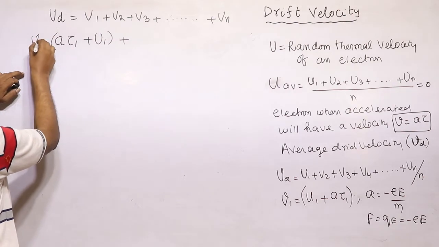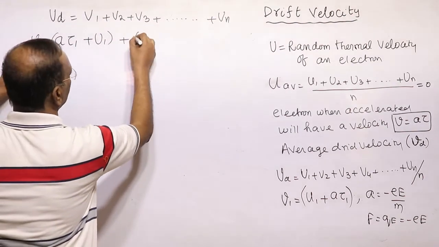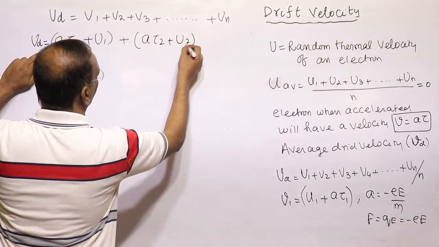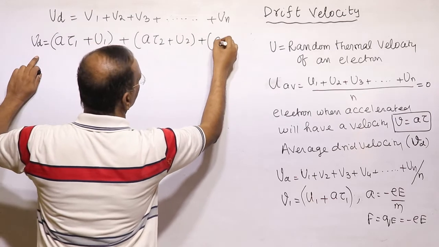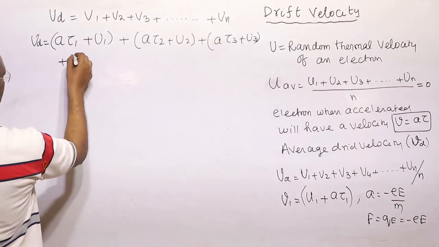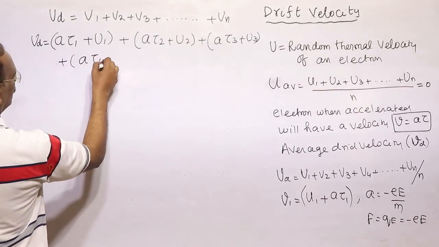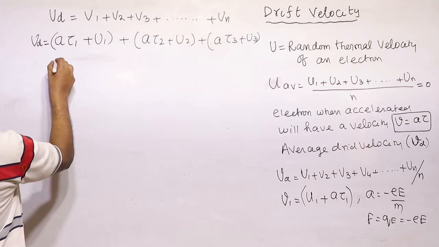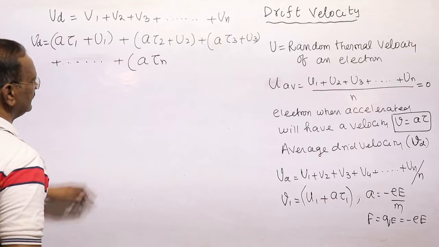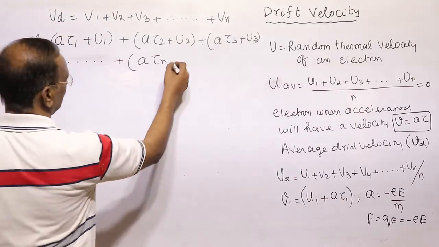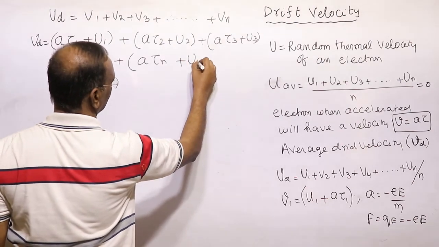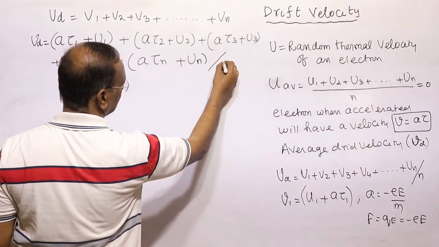Drift velocity is the average velocity. V drift velocity: V1 is equal to A into tau 1 plus U1, V2 is equal to A into tau 2 plus U2, plus A into tau 3 plus U3, plus A into tau 4, and so on, plus A into tau n, that is the relaxation time of the nth electron, plus the random thermal velocity of the nth electron, divided by n.